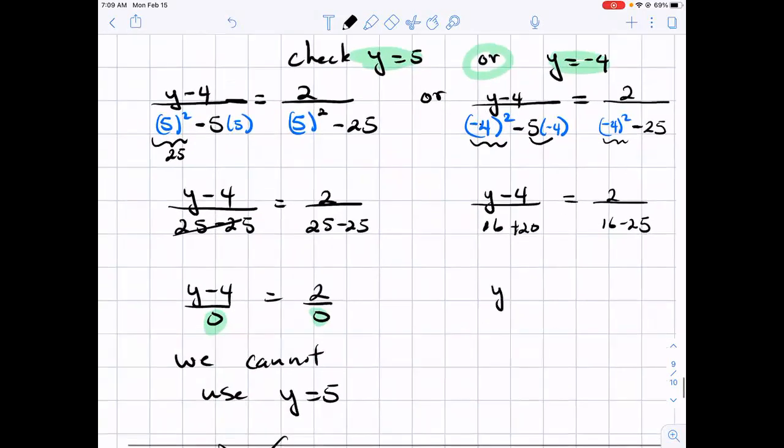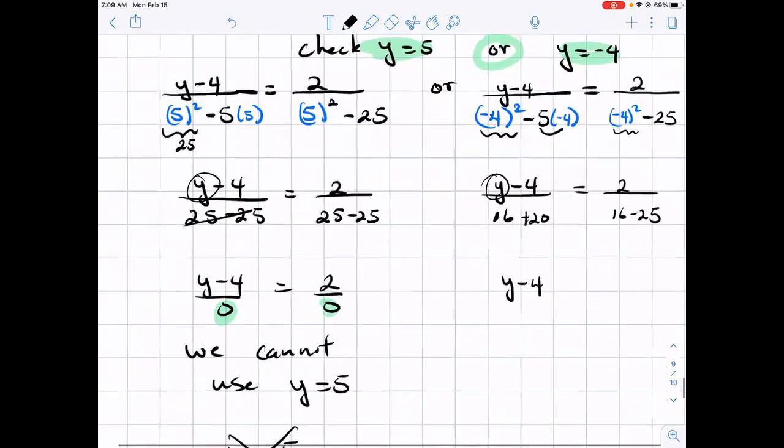Actually, I should have plugged in the minus 4 in the numerator also, but I don't really care for the numerator, I just care for the denominator, right? So 16 plus 20 is 36, is equal to 2 over 16 minus 25, which is 9. So this is good.